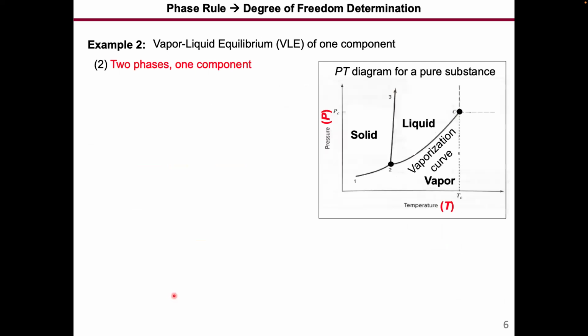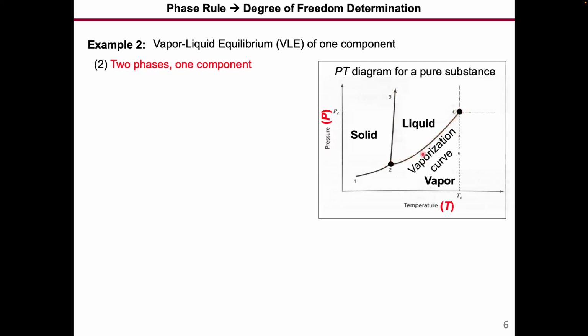Okay. Now, if we have another example, let's say we already tell you this system is on the vapor liquid equilibrium line of one component, n is equal to 1. At the beginning, we already tell you we know this system is sitting on this line, either experiencing vaporization or condensation.